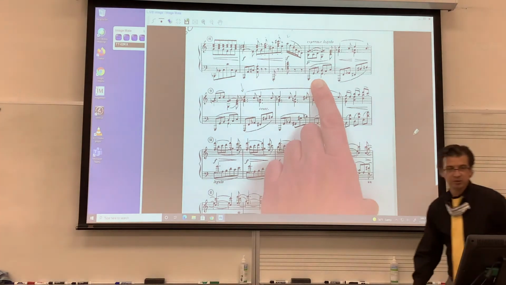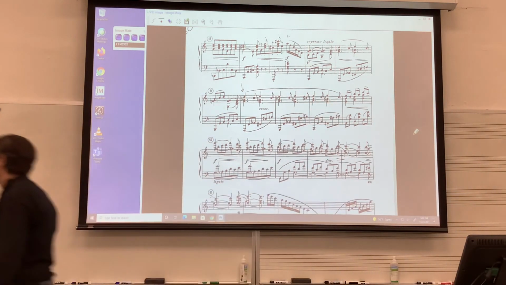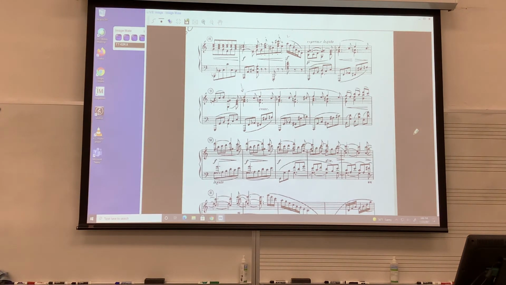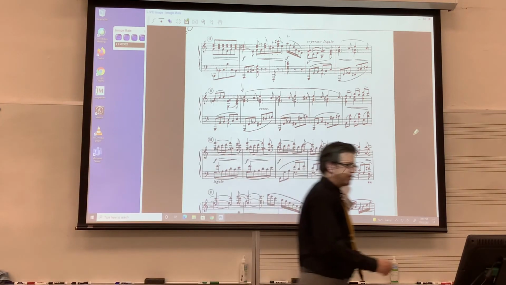What is the bass line doing at measure 52? What's going on with this bass line?